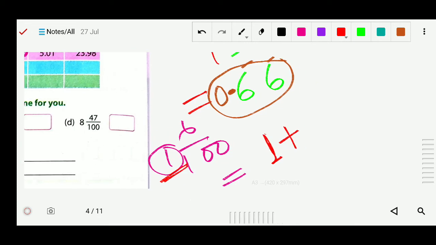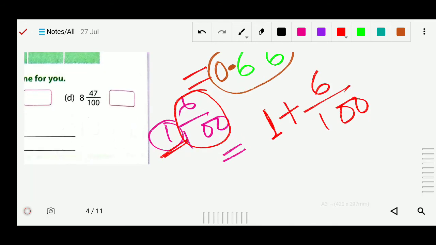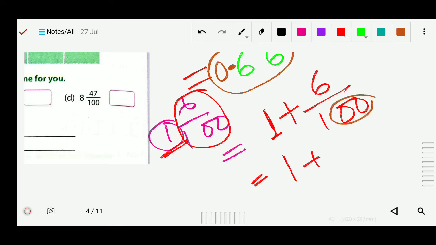Now write this 6 by 100 here. How many zeros are there? 2 zeros. It means first you write the numerator part 6, then 2 zeros, 1 2, then there will be a decimal, so you write it nicely. So it will be 0.06.